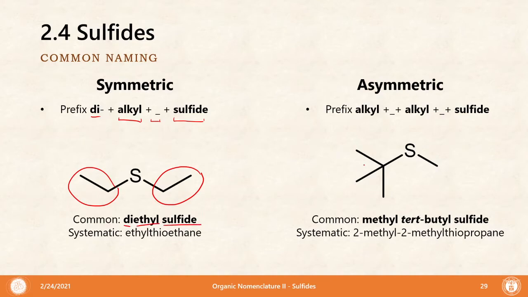For the asymmetric, we prefix it with alkyl space sulfide. We have an alkyl group here. This is tert-butyl, and then this is methyl. So we have methyl tert-butyl sulfide. The arrangement of the alkyl names is mostly trivial, but commonly they use alphabetic order.